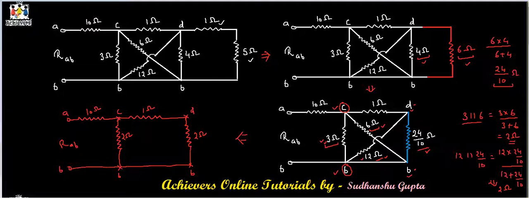We can see again that this 1 ohm and 2 ohm resistances are connected in series, and the equivalent of these two resistances is equal to 3 ohms. So if we replace these two resistances by their equivalent resistance, that is a 3 ohm resistance, we will get a circuit like this.